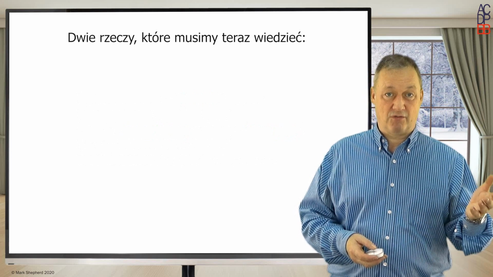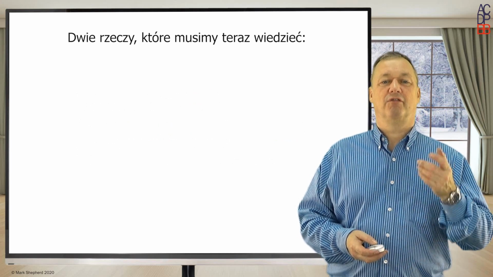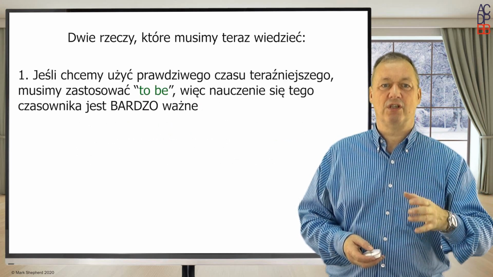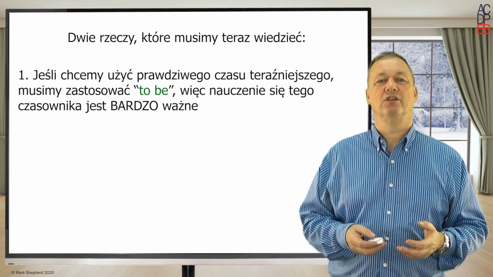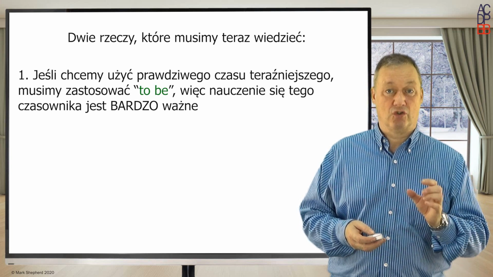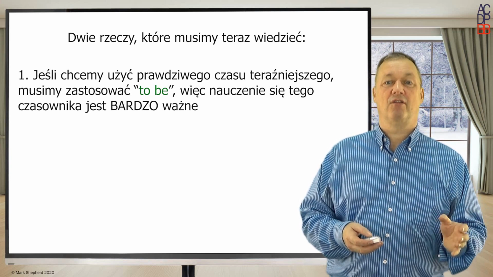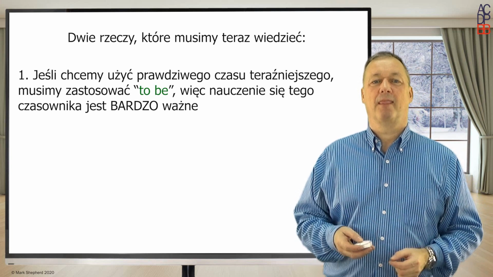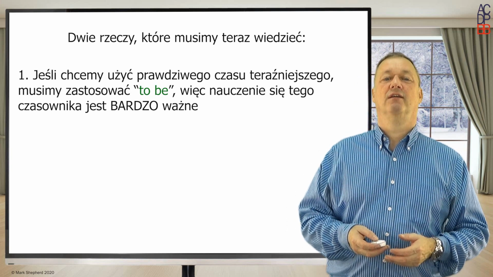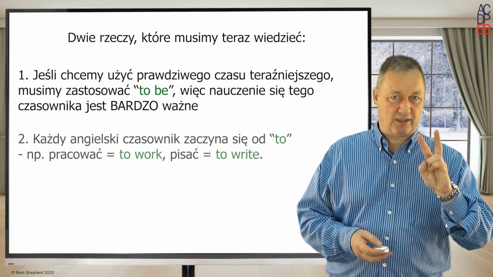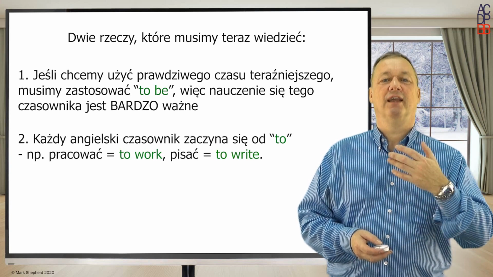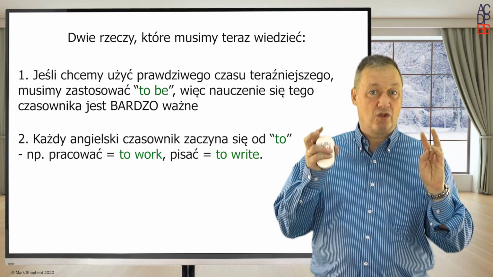So, two things you need to know now. First of all, if we want to use the real present tense of a verb in English, we need to use to be. So learning the verb to be is very important. Secondly, every English verb starts with to.